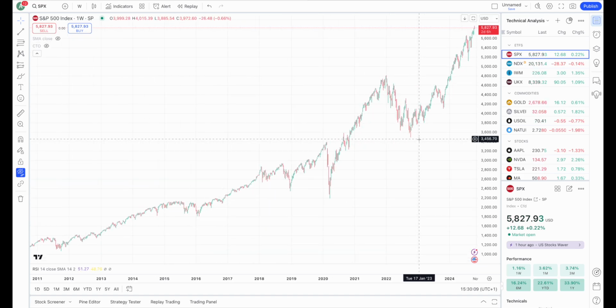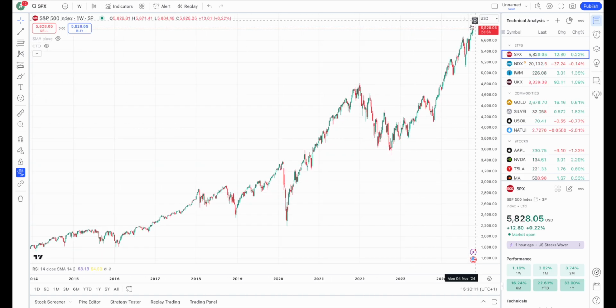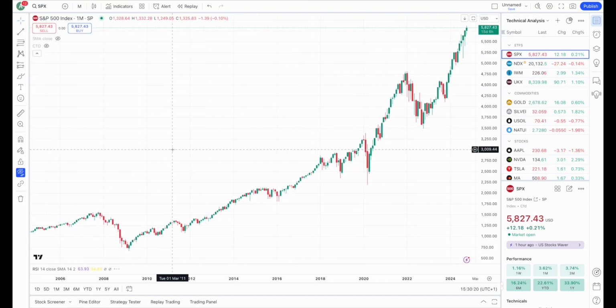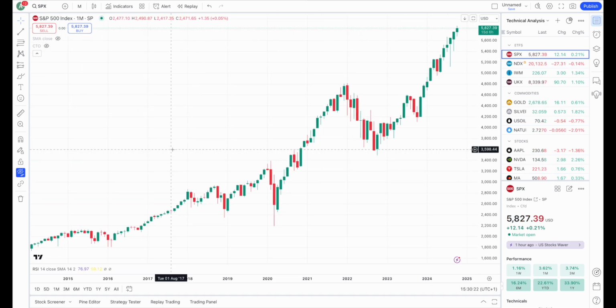I can zoom in to that same 2014 that I was looking at for the daily, and it looks much clearer to me. And similarly, I can go to the monthly chart as well, and it's much clearer right now.